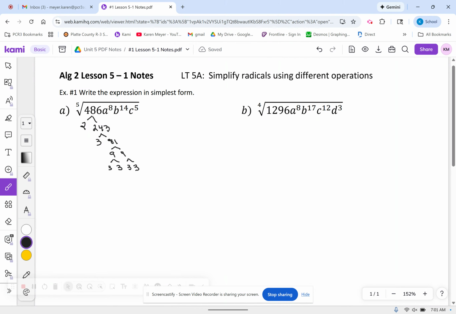3 and 3. And then here's one of the new differences. We used to say when it was a square root, you were looking for pairs, but now we're no longer looking for pairs, because if you look here, our index number is now 5. This number right here tells you how many have to be in your group.